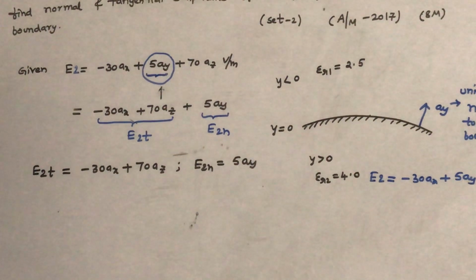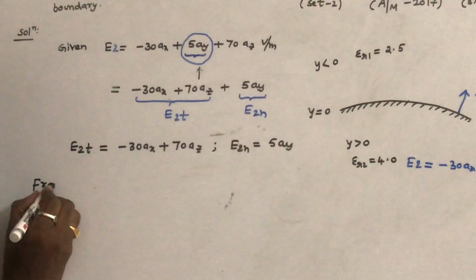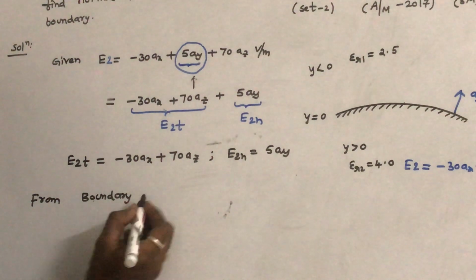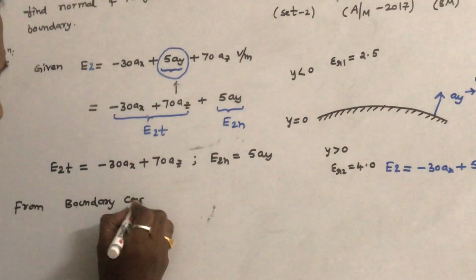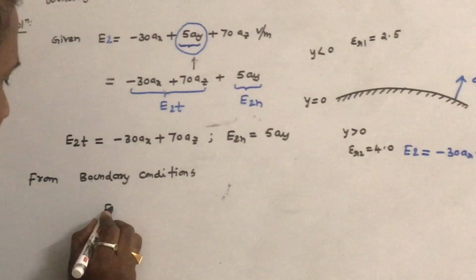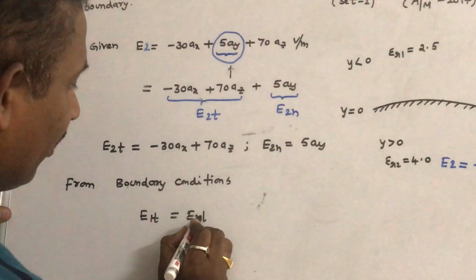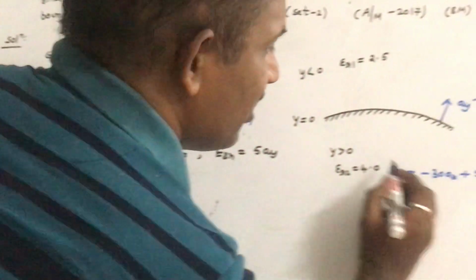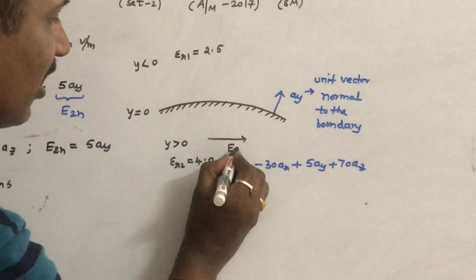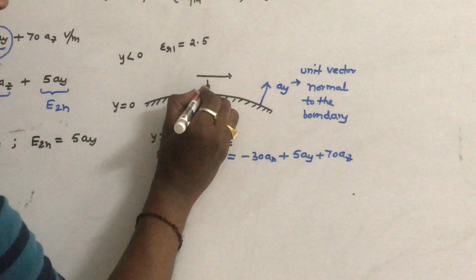From the dielectric boundary conditions, which are very important, E1t is equal to E2t.